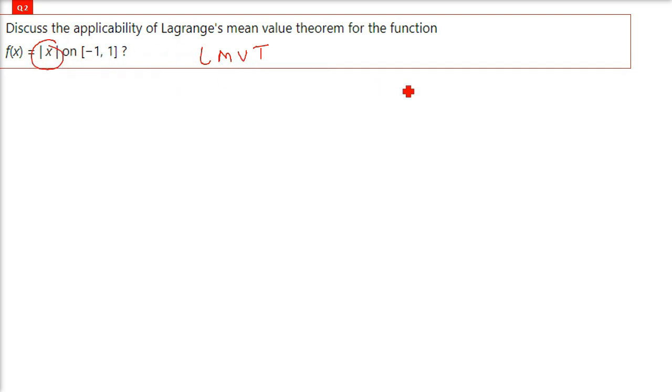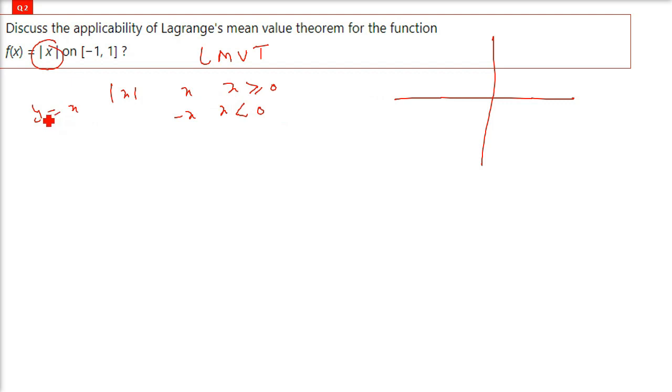If you recall your continuity discussion, you'll see mod x will be x when x is greater than or equal to 0. It will be negative x when x is less than 0. This you already know. So there will be continuity.